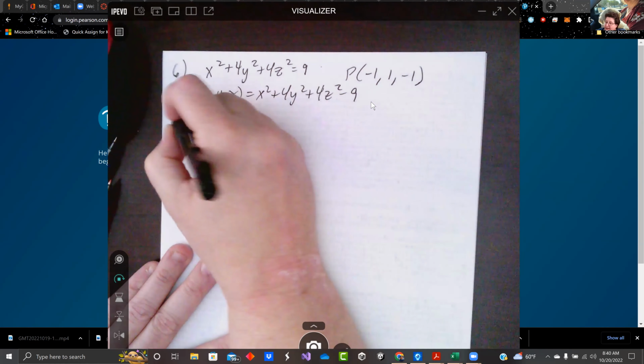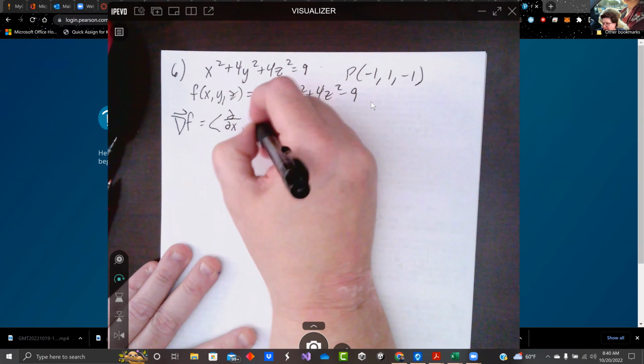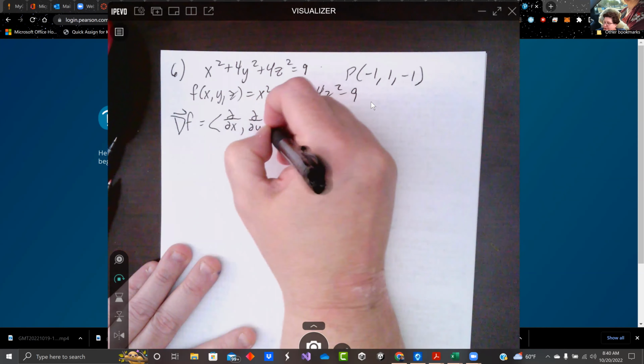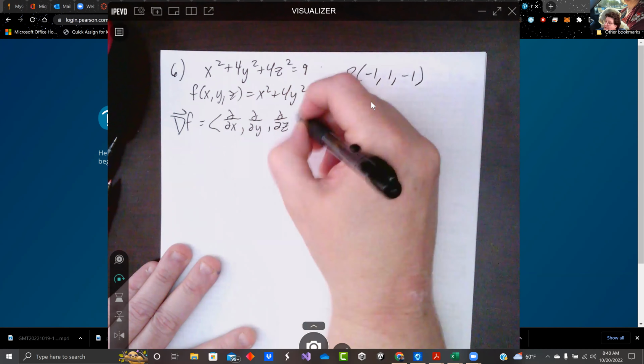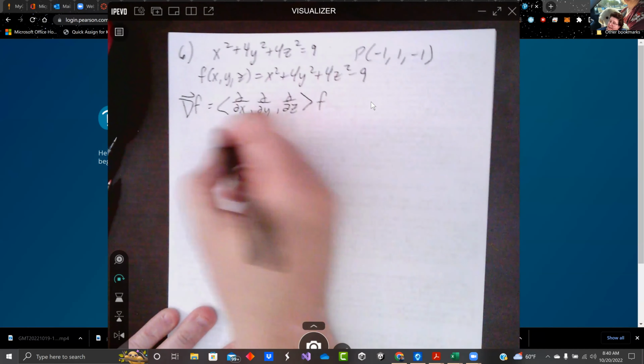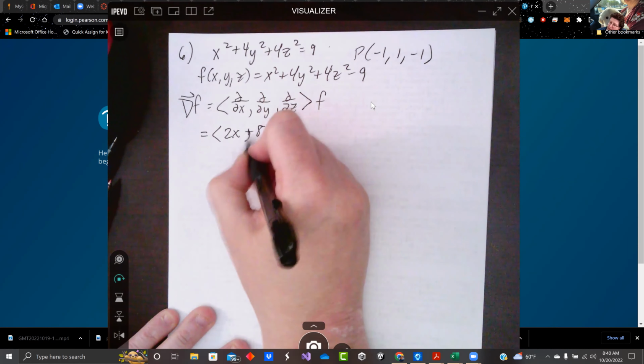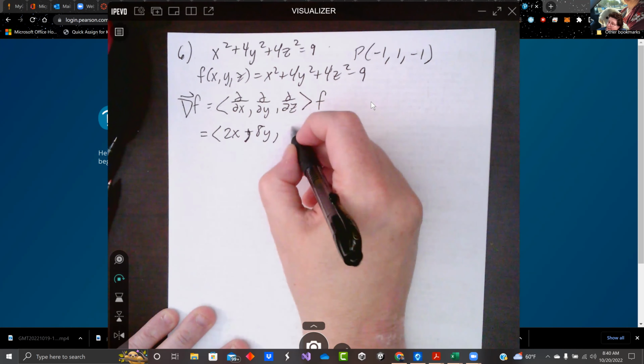The gradient of f, you don't really need to write this line right here, but I'm reminding you what I'm doing, is (2x, 8y, 8z).